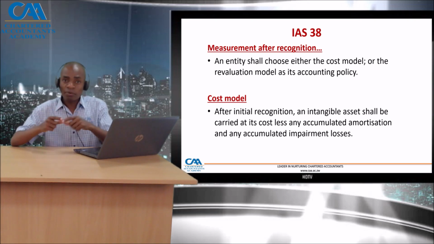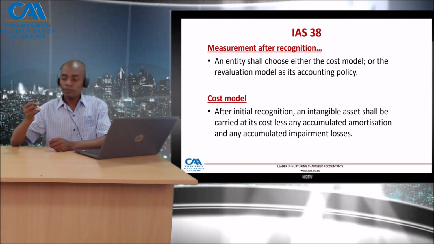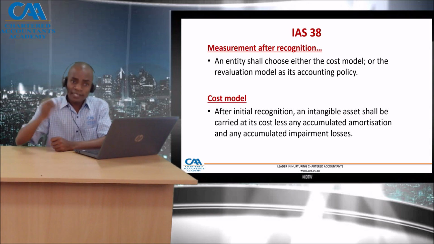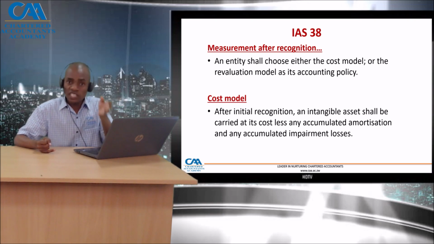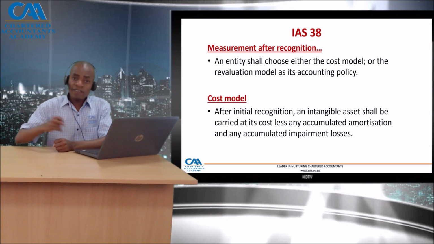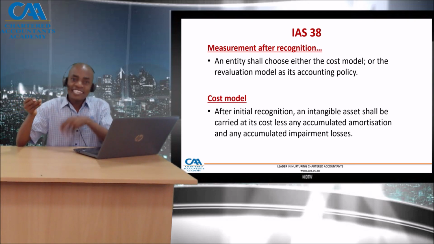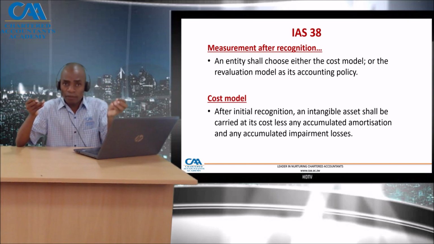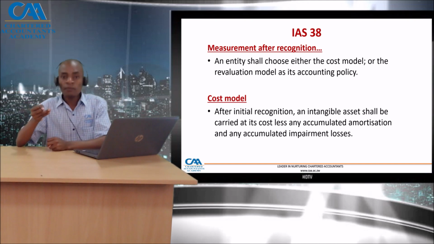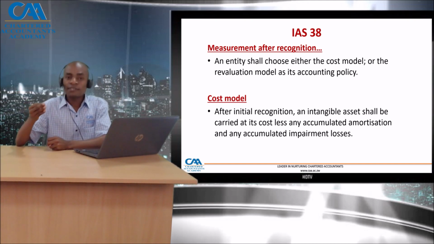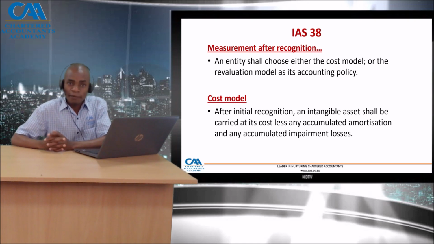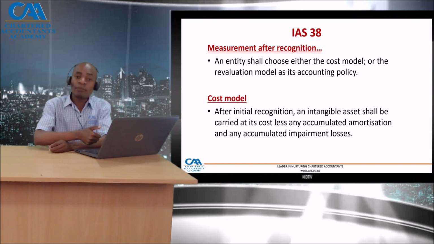The residual value of an intangible asset is regarded to be 0, unless, one, there is a committed party which is going to buy the intangible asset at the end of its useful life, or, as per the requirements of IFRS 13, there is an active market which the entity can easily refer to for the purpose of identifying the residual value, and the market must be in existence at the end of the useful life of the intangible asset.